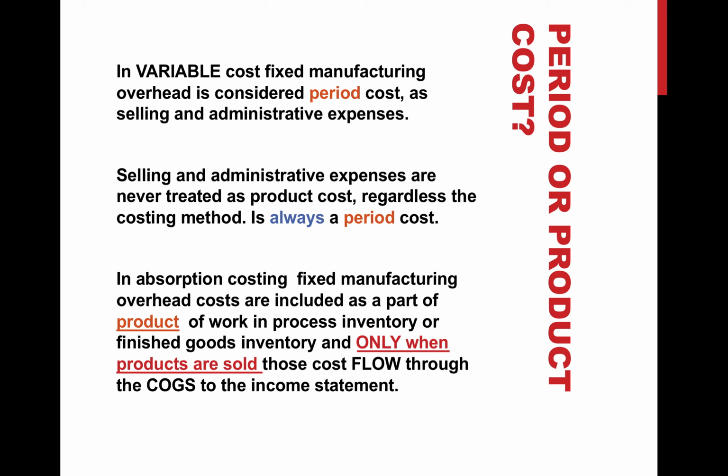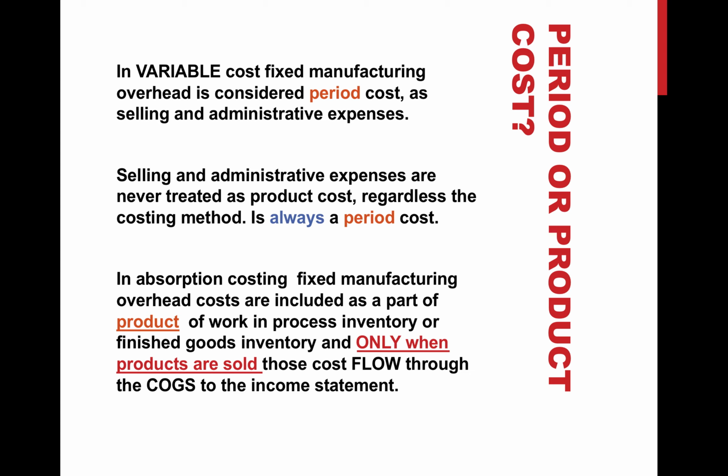No matter how big they are, no matter that they are variable, they are treated as a period cost. You never add variable selling and administrative expenses into the product cost. Remember that under variable costing you have only three elements for assessing the cost of a product: direct material, direct labor, and variable manufacturing overhead.